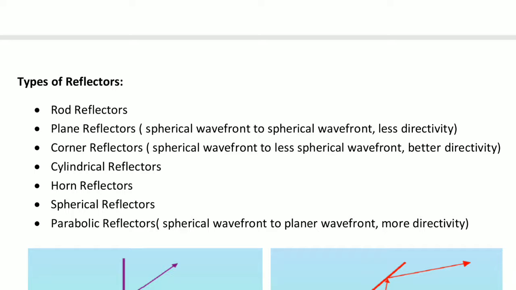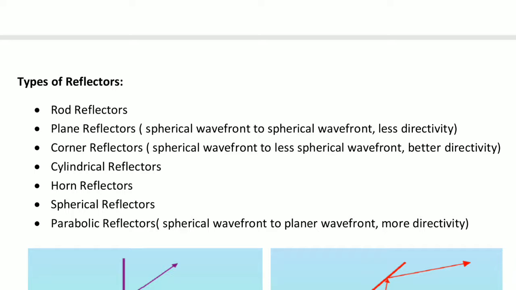As we know, in the basic structure of a reflector, there is one large surface, that is nothing but the reflector plate, and at the focal point, that means at some distance of wavelength from the surface, there is a focal point at the center at which we have provided the antenna feed. So what will happen?